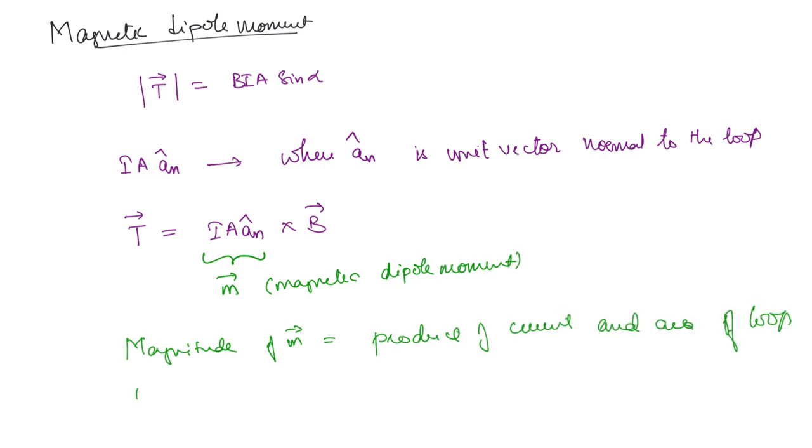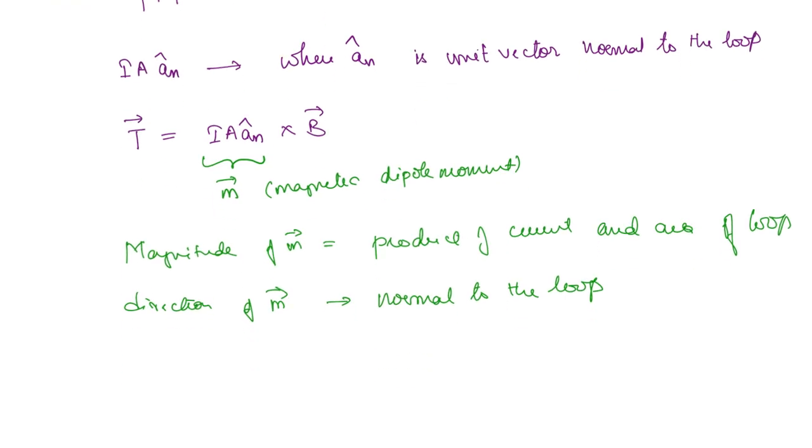Okay. And what about direction? Direction is same as the normal vector to the loop. Okay. So we can write M bar is equal to IA AN cap. Therefore, the torque vector is equal to M cross B bar.